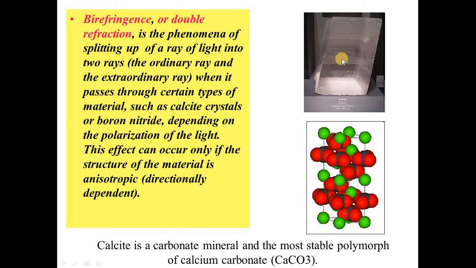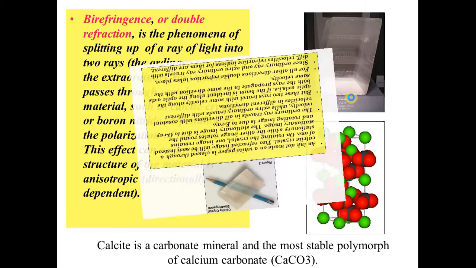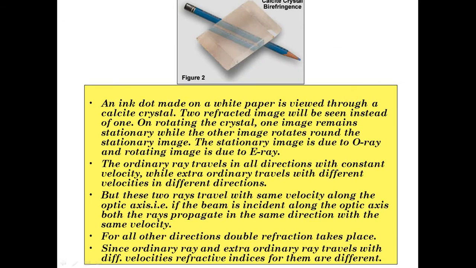And you can see the calcite crystal here. The calcite crystal is one of the best crystals showing the phenomenon of double refraction, and it is a carbonate mineral, calcium carbonate basically, and this is its molecular structure. When you see the calcite crystal, it is a very transparent crystal, and when you look at a pencil through it, this is the phenomenon of double refraction.